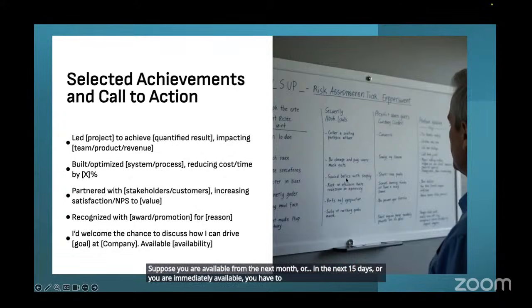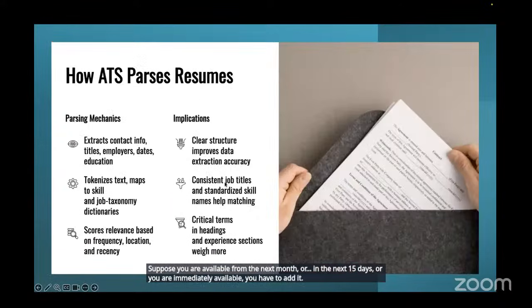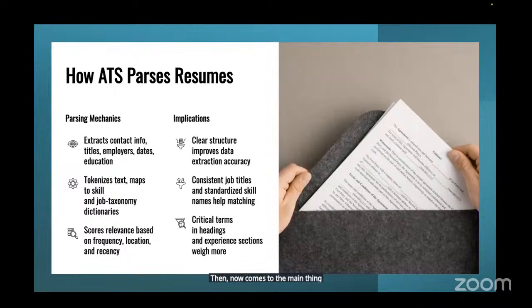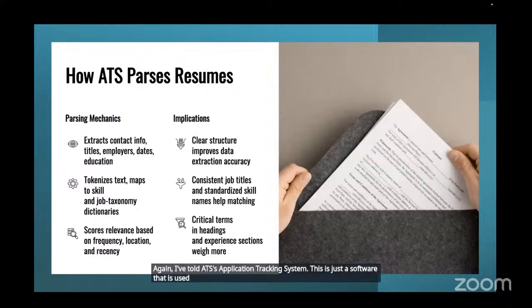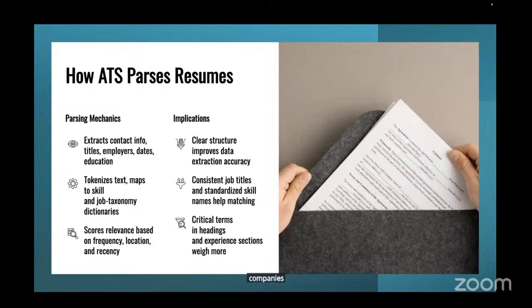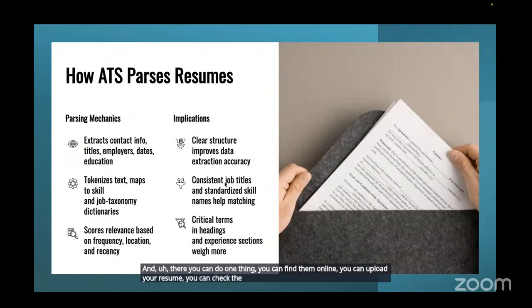Now comes the main thing, that is ATS. Again, I have told you ATS is an applicant tracking system. This is just software used by companies to sort and filter out the best candidates. There are a lot of software tools you will find online where you can upload your resume and check the ATS score.